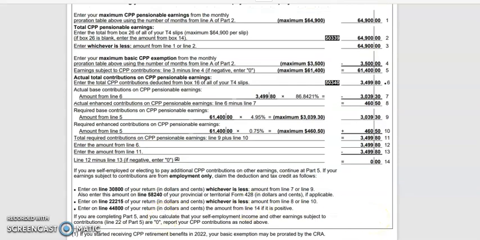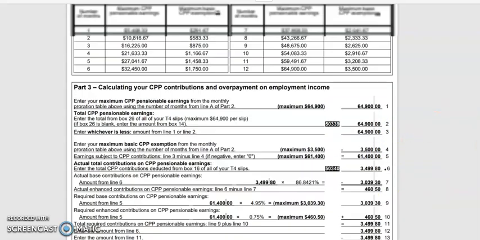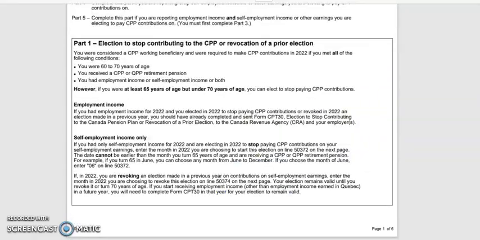So now down here, this is where it tells you what amount from here needs to go where. So enter on line 3800 on your return, whichever is less, the amount from line 7 and line 9, which is your $3,039.30. Okay? And we're going to go find that amount. So we want to go back up here.